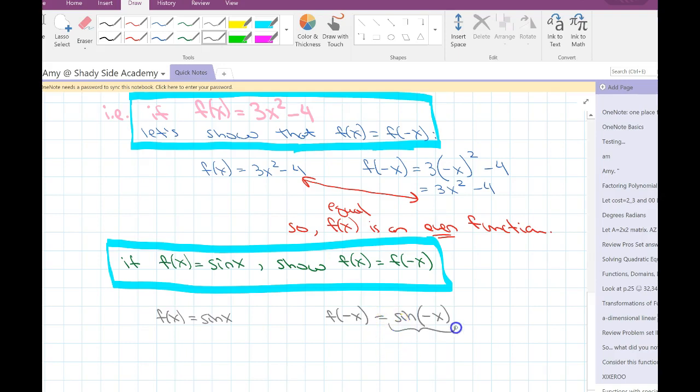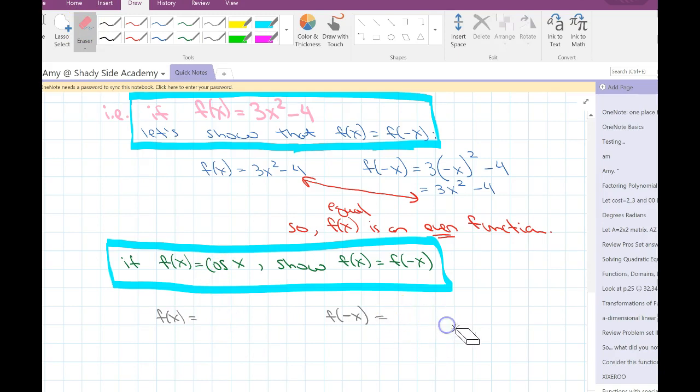Does the sine of the opposite of an angle have any relationship to the sine of an angle? In other words, if I had sine of 90 degrees, how does that compare with, oh my gosh, I put the wrong function in here. I just caught myself because this wouldn't work.